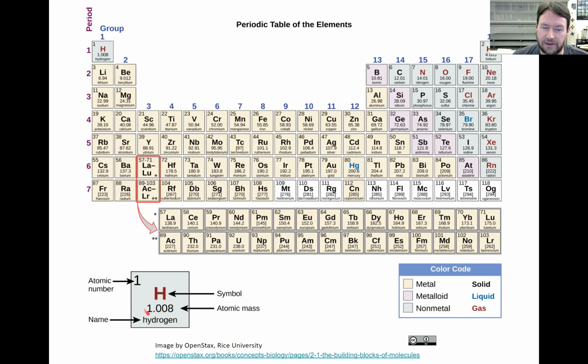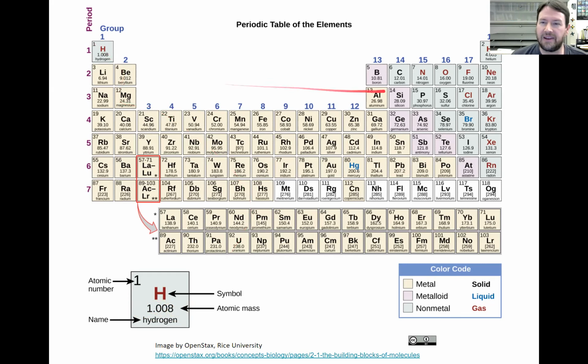And if you have 1,000 hydrogen atoms, maybe 8 of them are deuterium, right? They're just a little bit heavier because they've got a different number of neutrons.